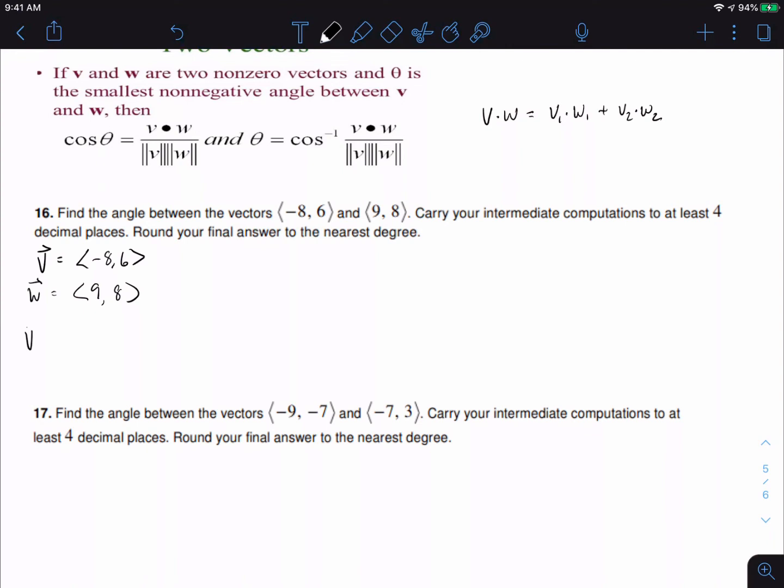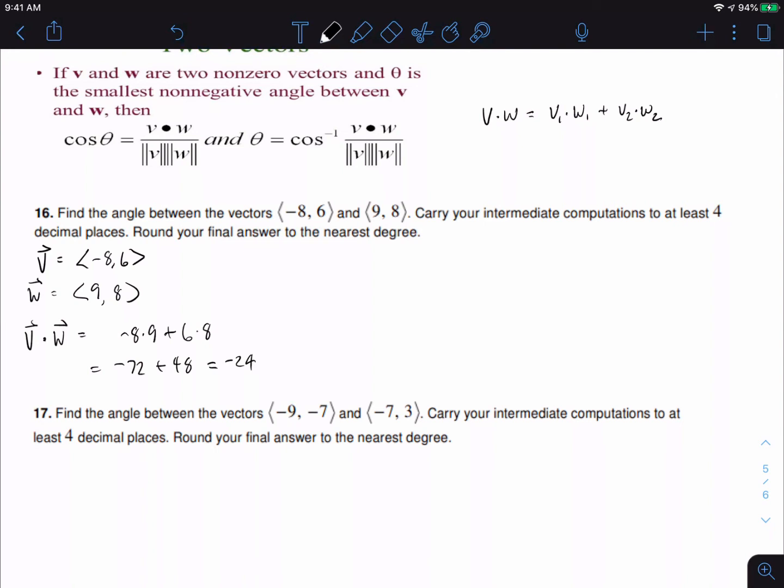I'm going to do my dot product. And so the dot product is going to be negative 8 times 9. Ooh, why did I put the vector symbol? Silly. Plus 6 times 8, which will give me a negative 72 plus 48, or a dot product of a negative 24.